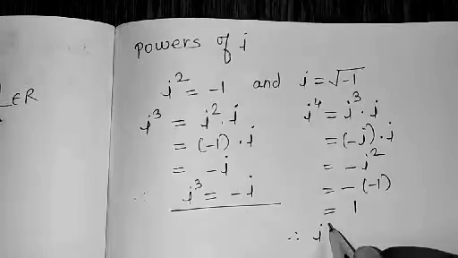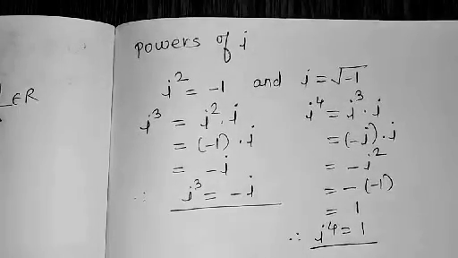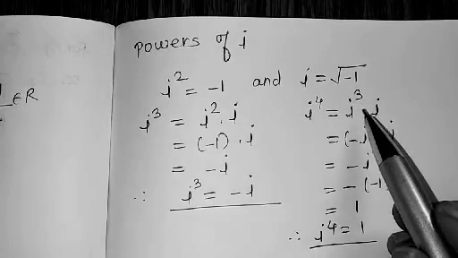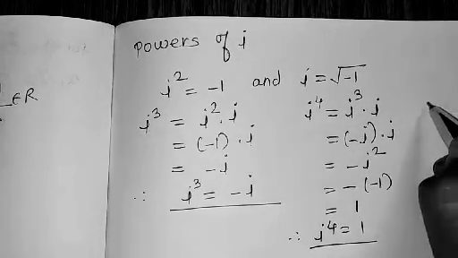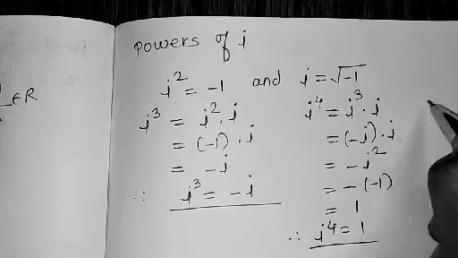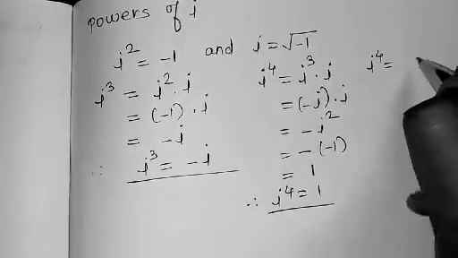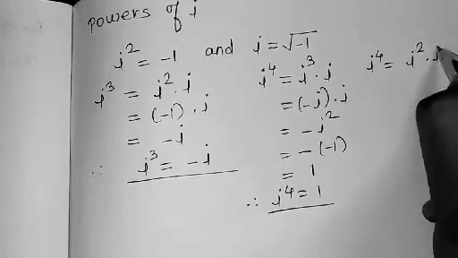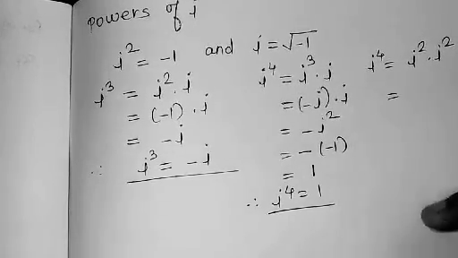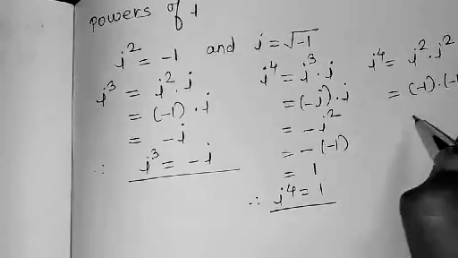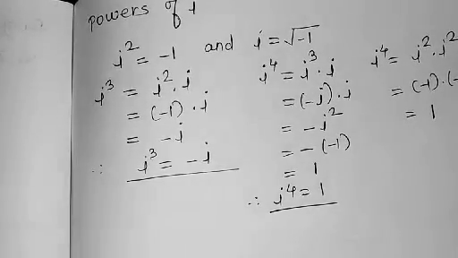Therefore, iota raised to 4 is equal to 1. Instead of iota cube into iota, we can also write iota raised to 4 as iota square into iota square, so minus 1 into minus 1, which is equal to 1.